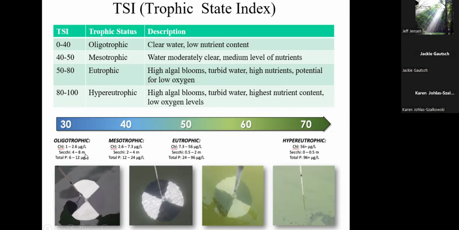You can see very deep into the water column, and it has pretty low phosphorus levels. In comparison, you have your hypereutrophic lakes. So this is the lakes that you're going to go to and sometimes have that green scum. Secchi is non-existent or very, very shallow, and you have lots of phosphorus. So it's on a scale from 0 to 100. And that's kind of how you can rate the biological productivity of a lake system.